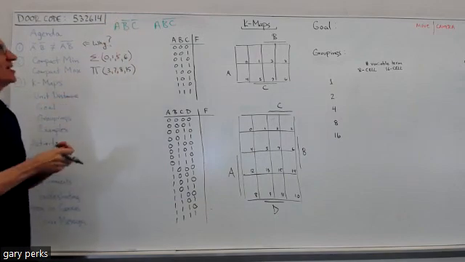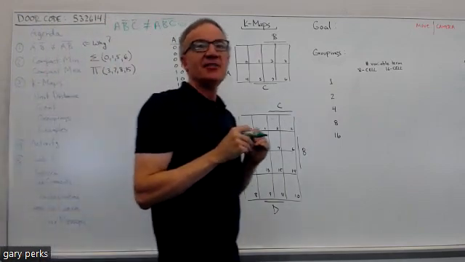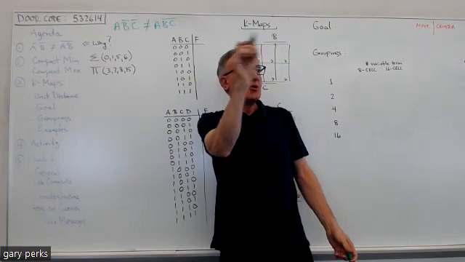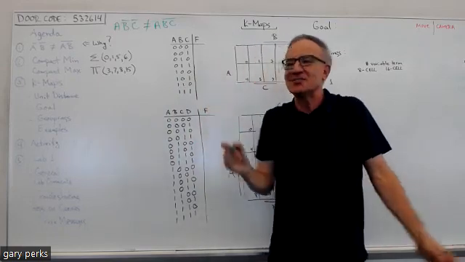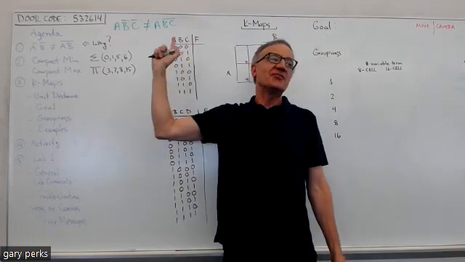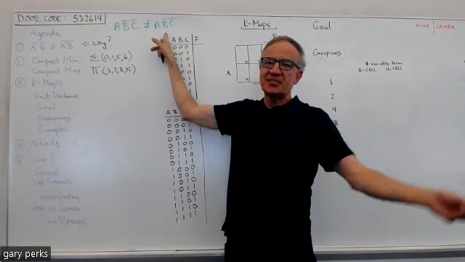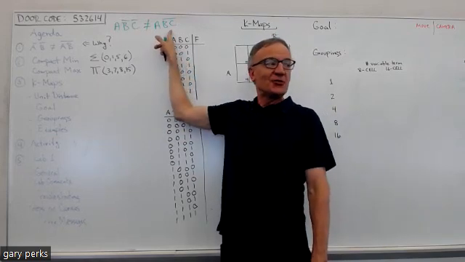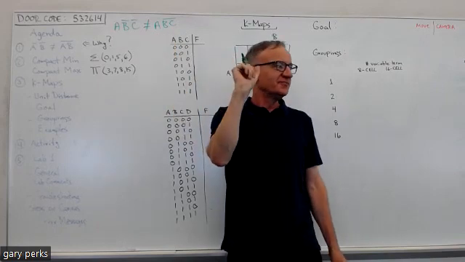But that's not the same. These are not equivalent. I think sometimes it happens just because one NOT runs into the other NOT and they kind of connect. You didn't mean it, but it just happened. Watch out for that, because on work that you pass in, especially on a midterm, if you meant this but you wrote this, it's still wrong. So you just have to be careful with your bars.